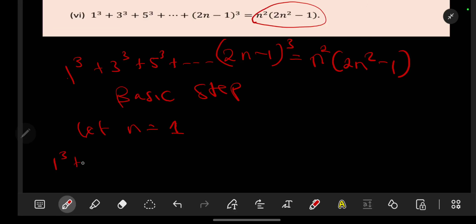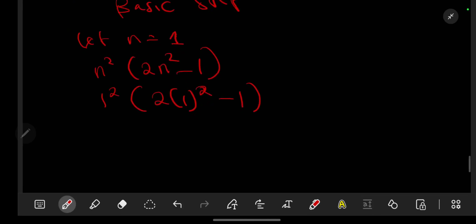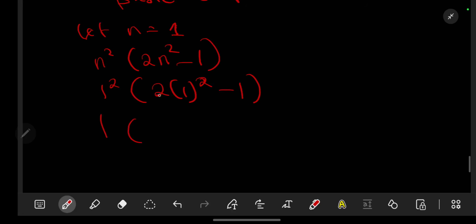1 cubed plus, we take the n squared, open brackets, 2n squared minus 1. So where n is equal to 1, we say 1 squared, open brackets, 2. Where n is, we have 1 to the power of 2 minus 1, which will be 1 times 2 by 1, it is 2 minus 1, like that.